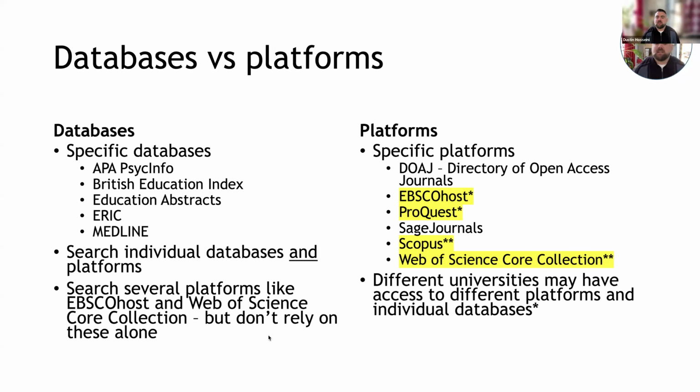So the key takeaway is to search on several platforms, such as EBSCOhost and Web of Science, for the literature you're interested in finding, but don't rely on one. Search across a few of them. That way, you will get as many articles as you can in order for your systematic narrative review to be exhaustive.